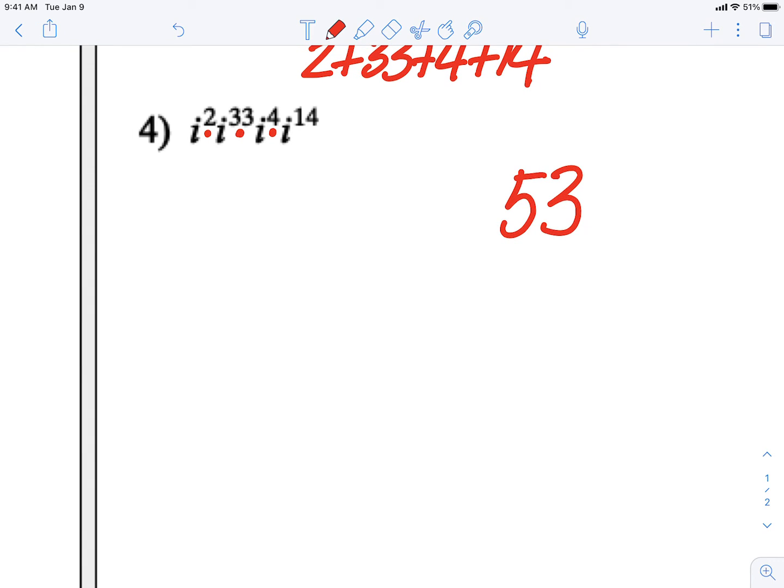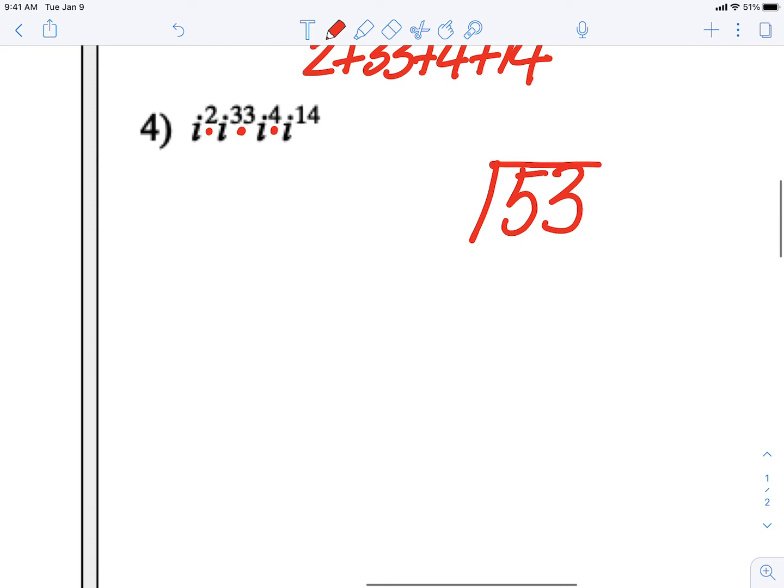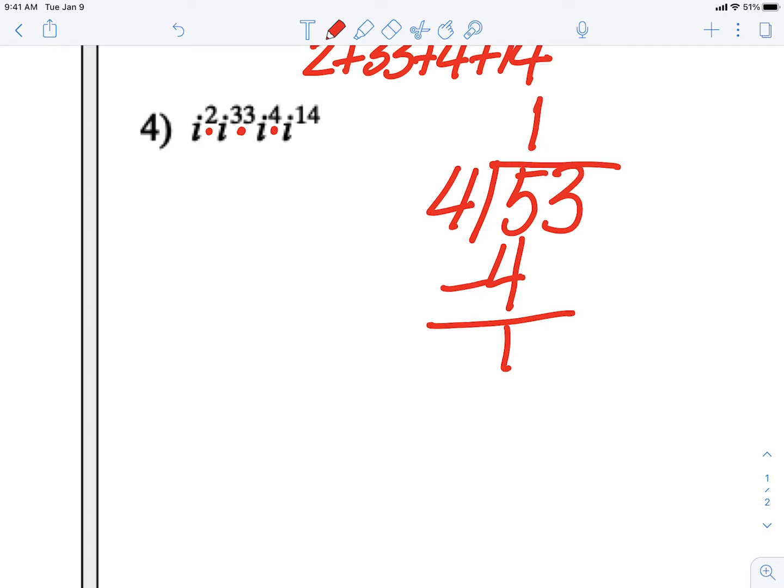And I divide 53 by 4, right? So let's do old school division. How many times does 4 go into 5 without going over? 1. 1 times 4 is 4. 5 minus 4 is 1.